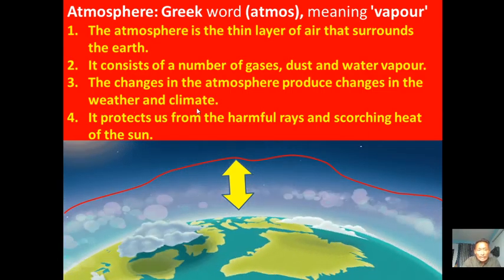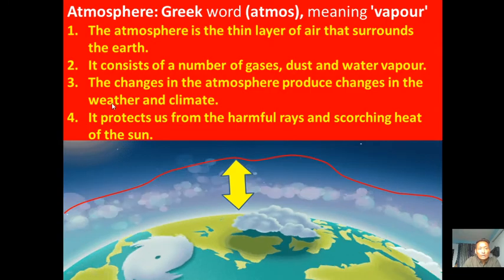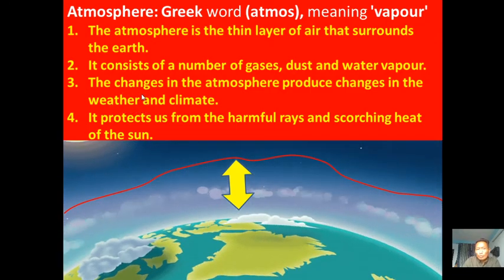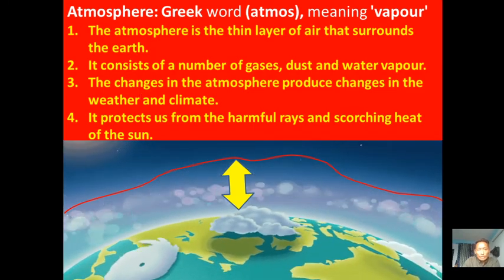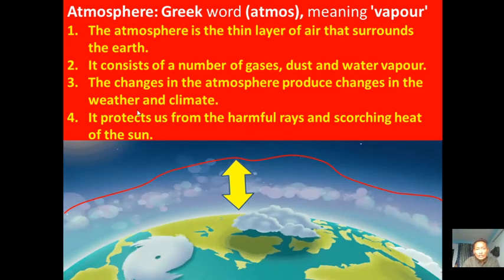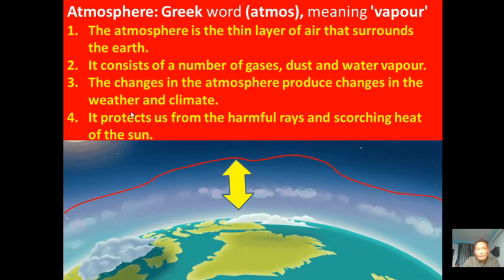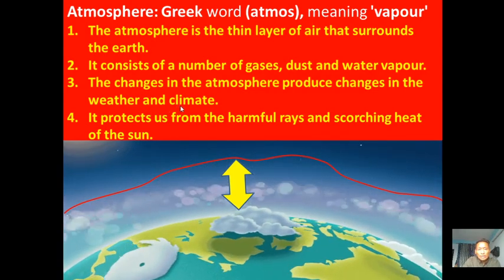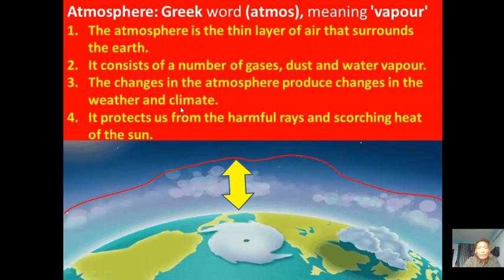But if we talk about climate, it is the average weather condition of a particular place, that means more than 5 years of weather condition of a particular place. That is called climate. So weather is day-to-day change of atmospheric condition of a particular place, but climate is an overall average weather condition of a particular place.